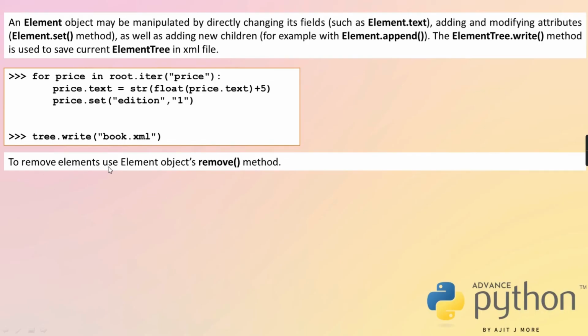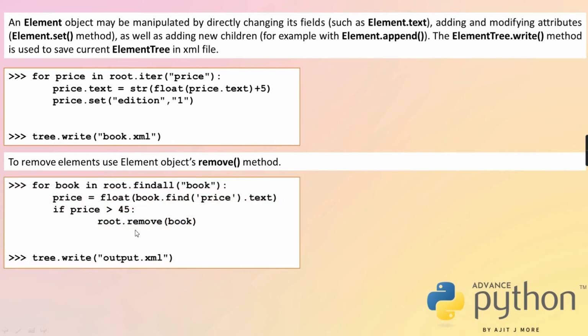Yes. So to remove elements, use the element object's remove method. Whichever element is calling that remove, that element will get deleted. So root.remove and give that element. Which element you want to remove, that you have to give here. Now in this code what is done, I'll tell you.